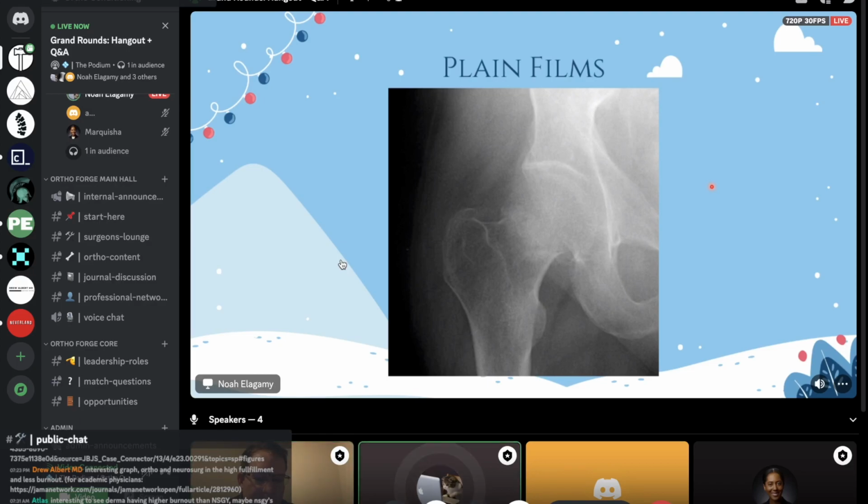Would you get a full length femur for a hip series? Well, ours includes an AP of the pelvis. It can be really helpful to be able to look at the other side, almost like a comparison. So AP pelvis, AP hip, and then cross table lateral. Okay.